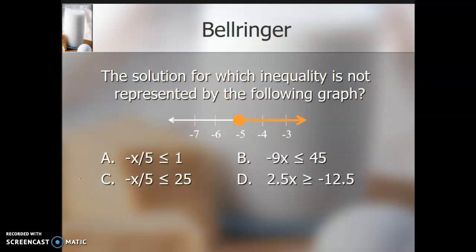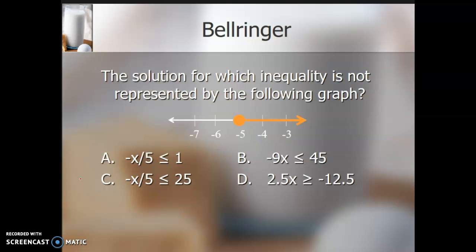So this says that x is greater than or equal to -5. If we were to solve these for x, for A, you would multiply both sides by -5, because you want x to be positive.